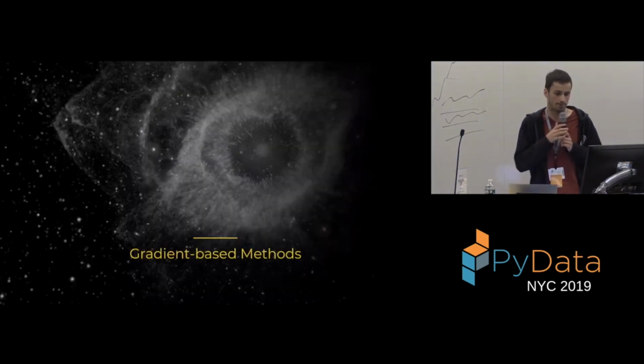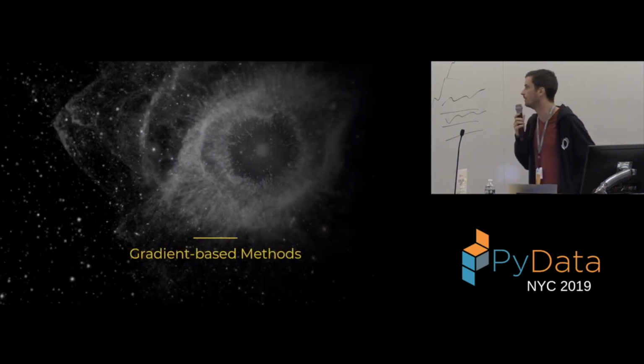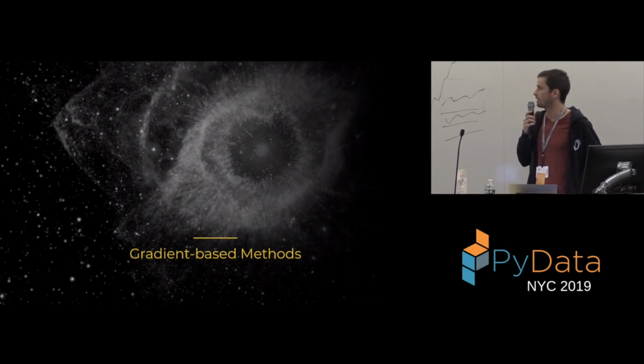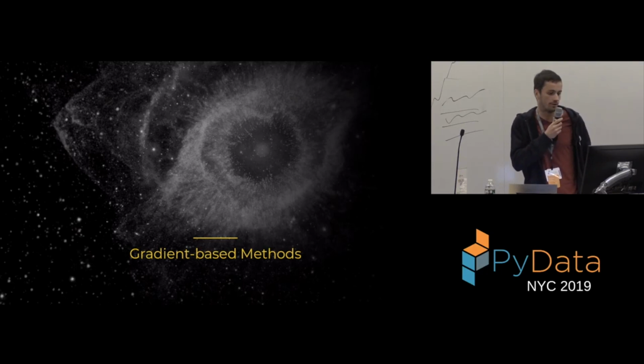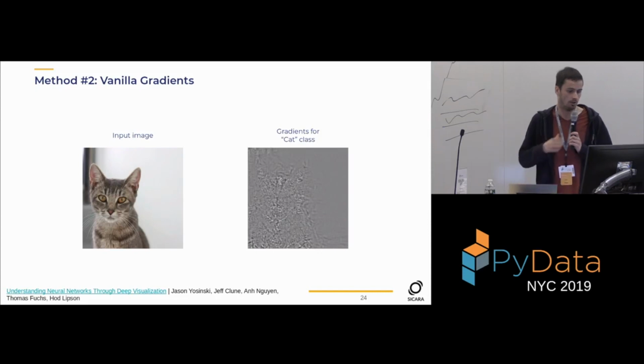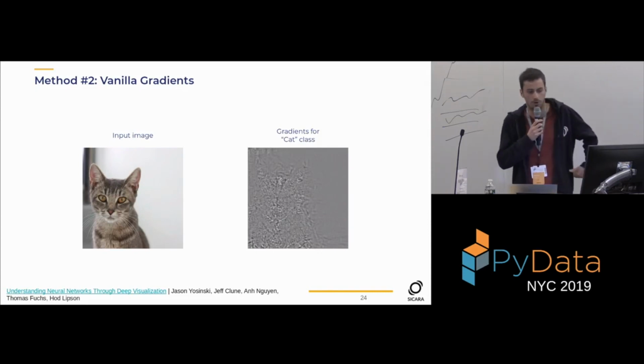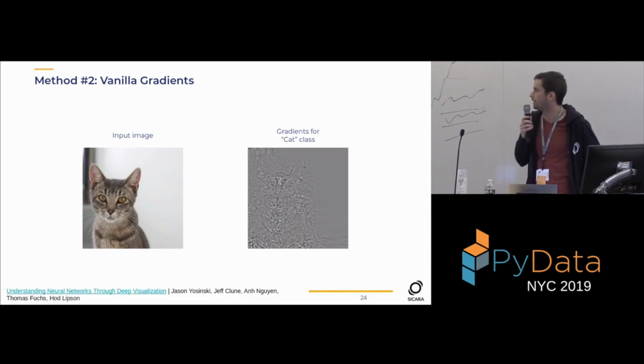So people started to say, okay, we're on deep nets, everything is about gradients. They must have some kind of information on what are good features and bad features on the input. So what if we just look at the gradients?